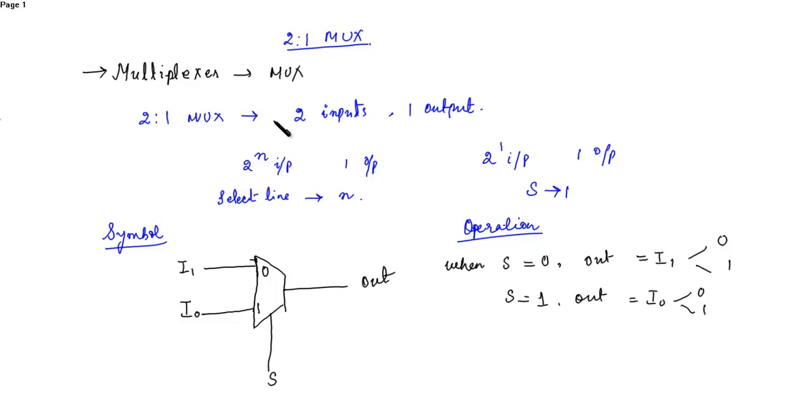So now, in order to draw the schematic of a 2:1 mux, we need pass transistors. So we need 2 pass transistors or the transmission gates in order to draw the schematic of a 2:1 mux.